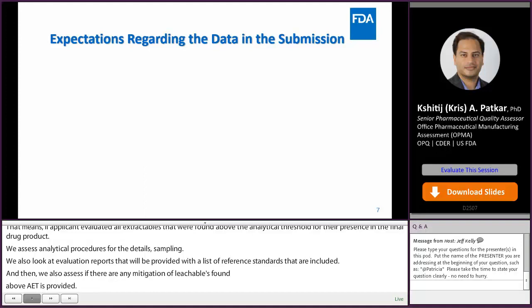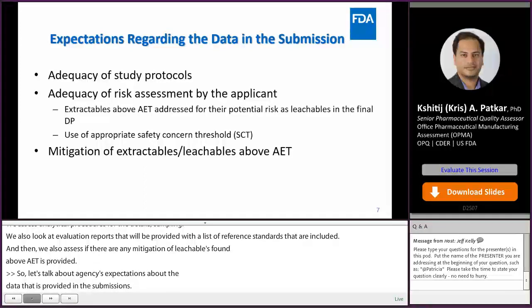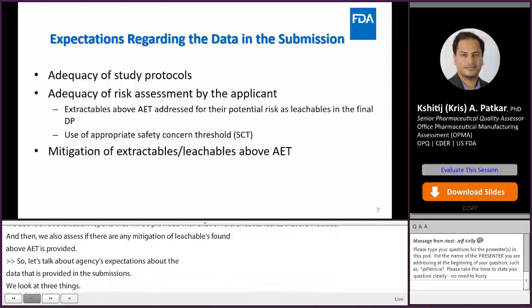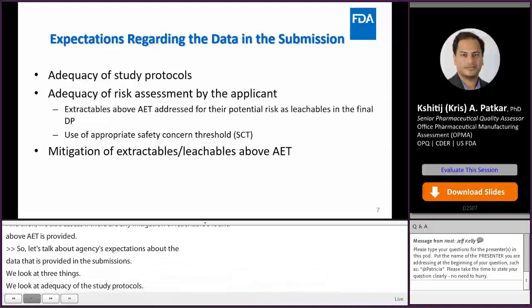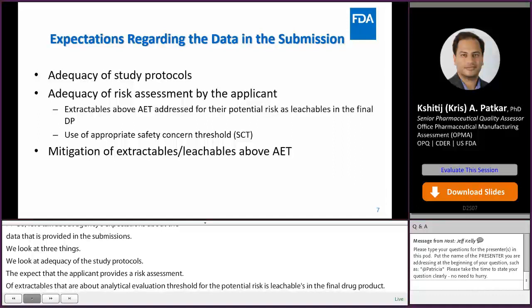So let's talk about the agency's expectations about the data that is provided in the submissions. We look at three things. We look at the adequacy of the study protocols. We expect that the applicant provides a risk assessment of the extractables that are above the analytical evaluation threshold for their potential risk as leachables in the final drug product.